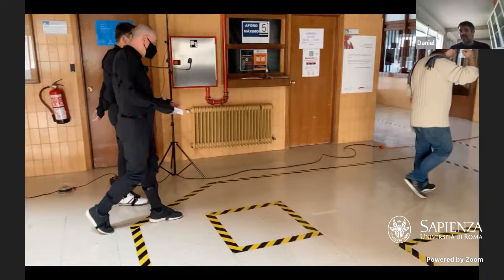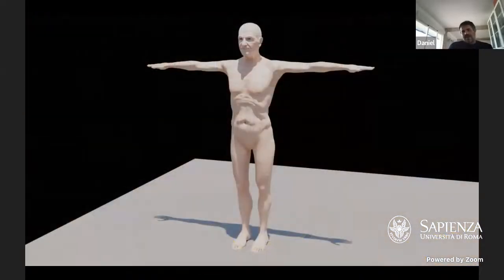But at the same time, motion capture systems save a lot of time in these projects, which involve animation in some form, in some way.